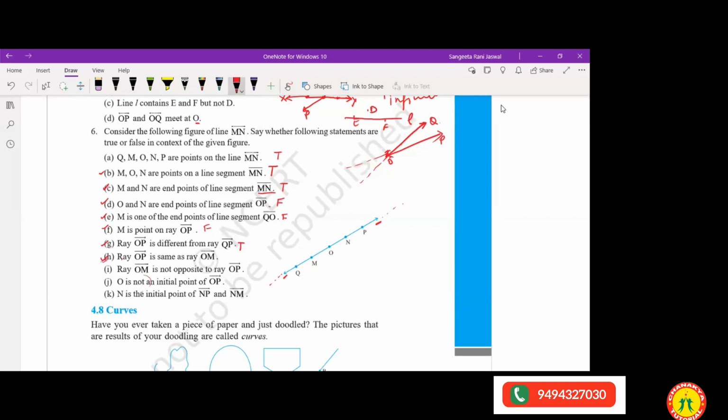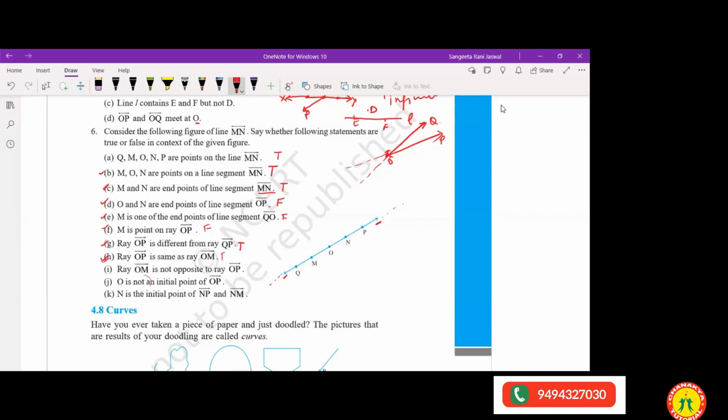Read the H one. Ray OP is same as ray OM. Ray OP, O to P is same as ray OM. Is it same? No, ma'am. False.